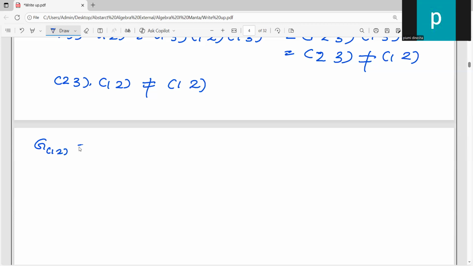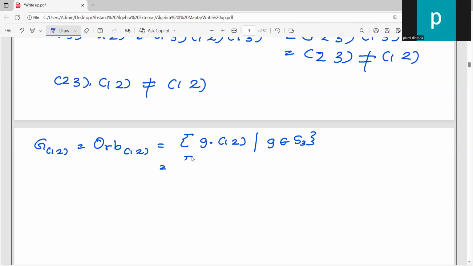Which is usually given by G dot (1 2), or we can write orb of (1 2). What sort of elements do we have here? We simply take the action on this element by every element in the group. So we take all elements g dot (1 2), where g is in S3.